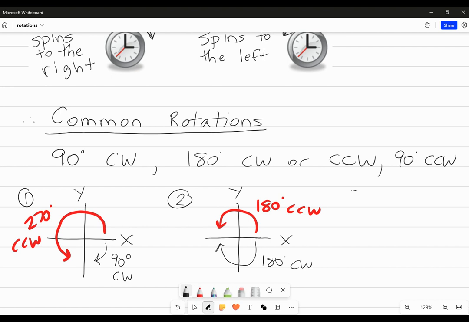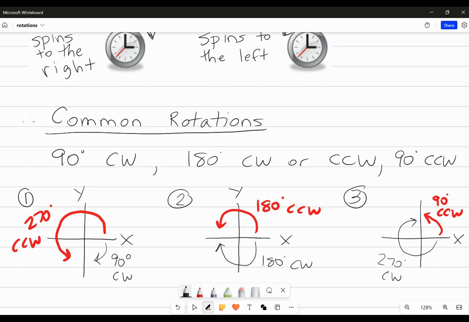And then finally, if you do a 90 degrees counterclockwise spin, that's the same thing as doing a 270 clockwise. And the reason this works is that these are rotations over a circle, and so these numbers are adding up to 360. So you're finding the partner with 360 if you subtract from 360.